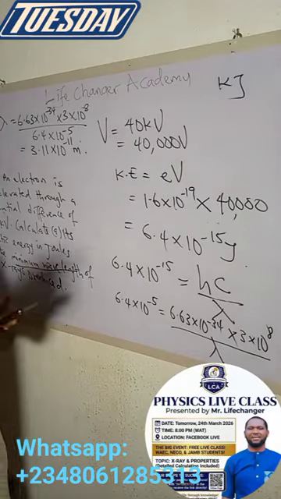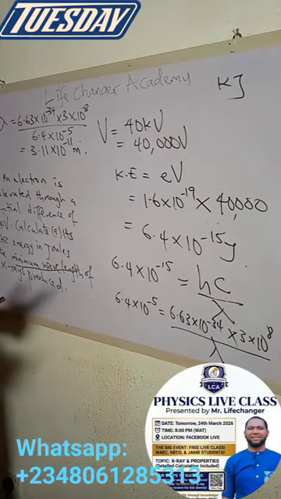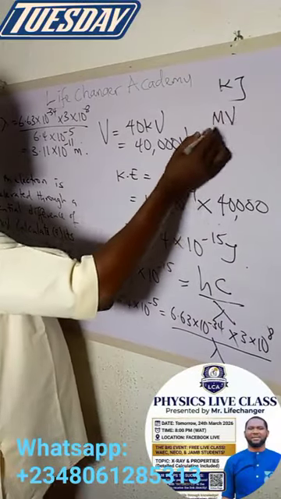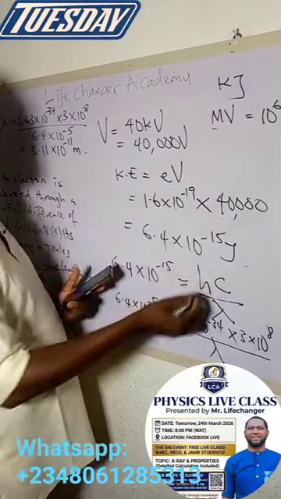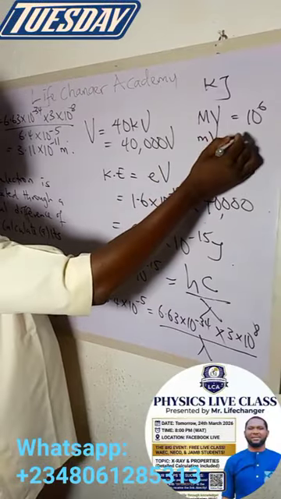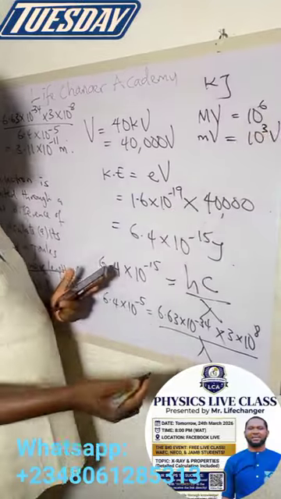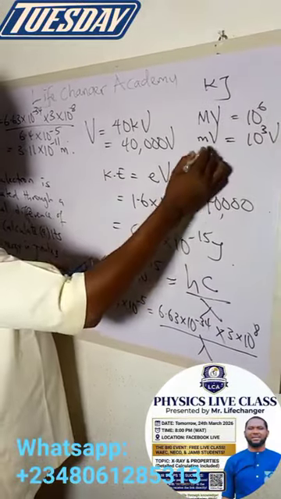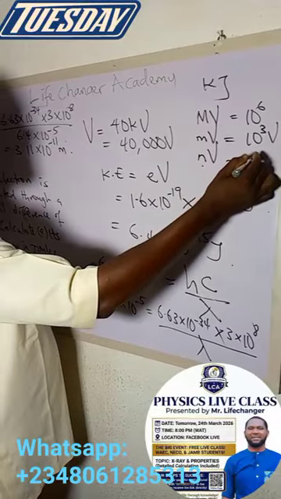Yes, you always have to convert kilovolts to volts. And it doesn't have to be kilo, it can be megavolts. Mega means 1 million, 10 raised to the power 6. It can be millivolts. Milli is 10 to the power -3 volts. It can be nanovolts. Nano means 10 raised to the power -9.